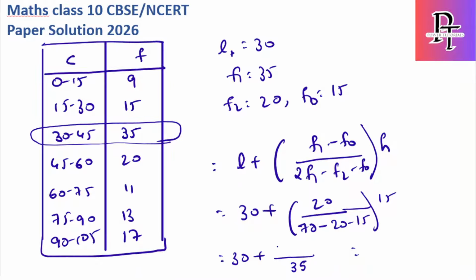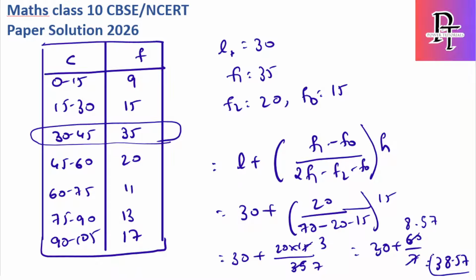So 20 into 15, 5 threes, 5 sevens. So 20 into 3 is 60, so 30 plus 60 by 7. So 7 8s are 56, 40, 7 5s are 35, 50, 7 7s are 49. So this value is equal to 38.57.